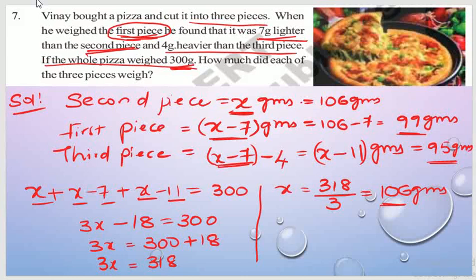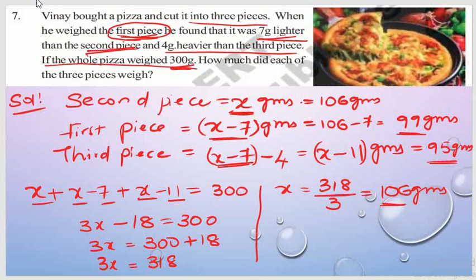Here the first piece is compared with the second piece, so we need to consider the second piece as x. Then obviously we are going to get the first piece as x minus 7. Next, again he has compared the first piece with the third piece. The first piece is 4 grams heavier than the third piece. That means the third piece will be 4 grams lighter than the first piece. So we need to go in reverse order.